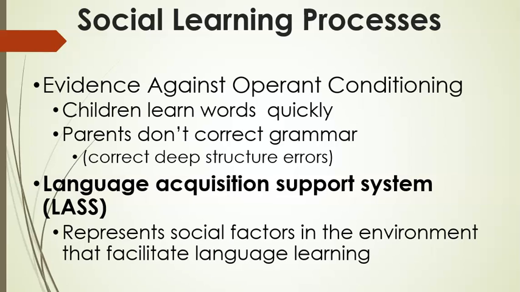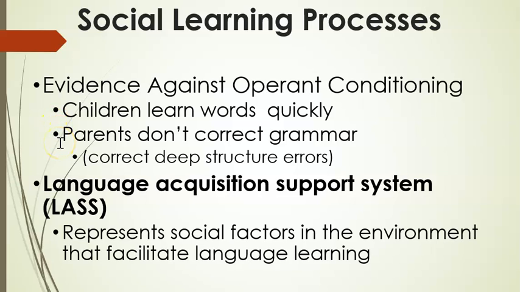But we also have some evidence that not all language is done using operant conditioning. We see this where children will learn a lot of words very quickly, and most of these words are not words that their parents reinforced. So children will learn some words without operant conditioning.